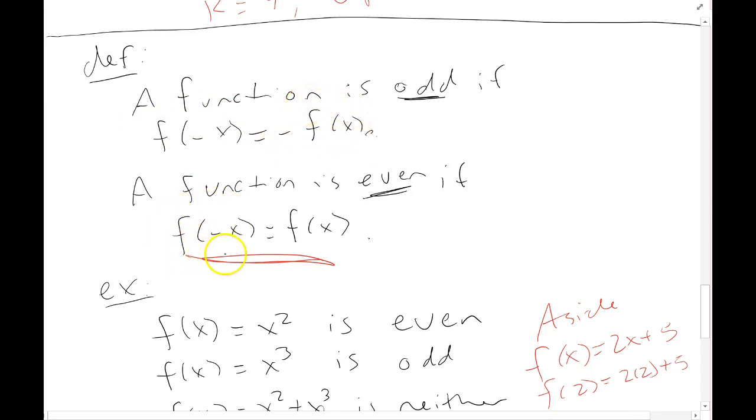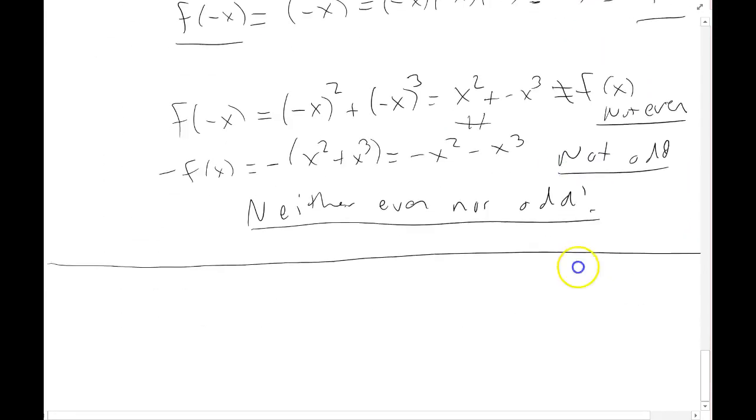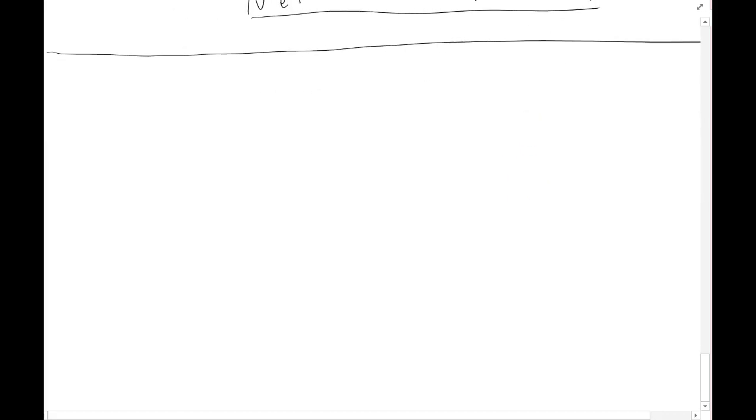And this is a reflection across the y-axis is the same as not doing anything. So that's why it comes up in that section. You might have been asking yourself, what the heck does this odd or even thing have to do with transformations? And that's what.